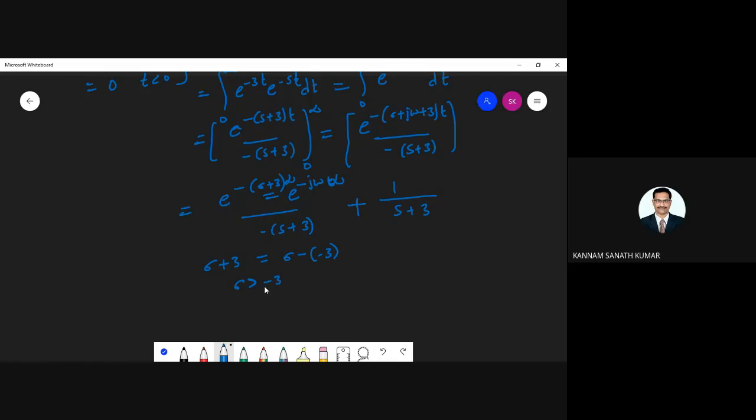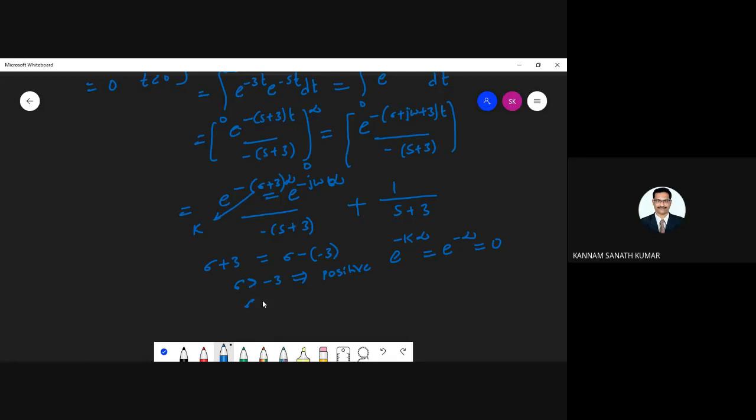So when sigma is greater than minus 3, you will get the positive value; this k becomes the positive value.